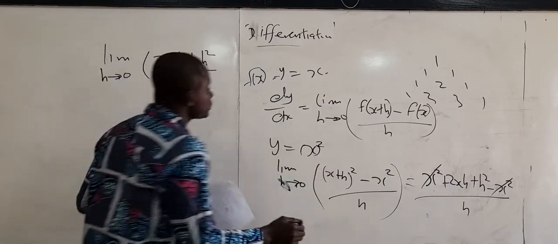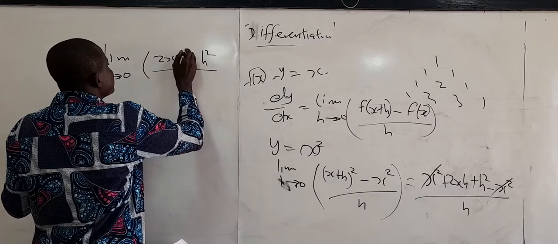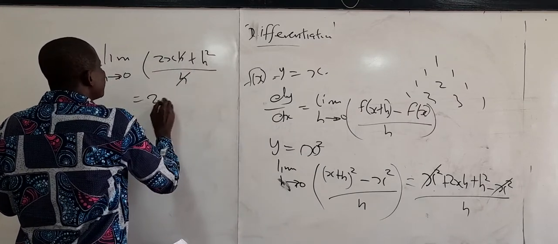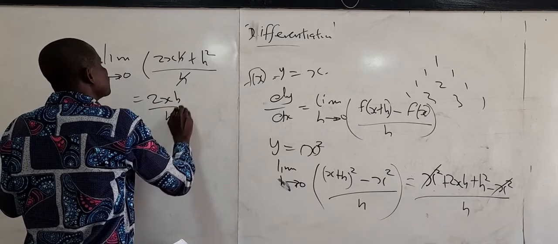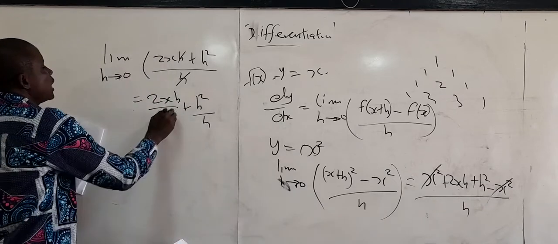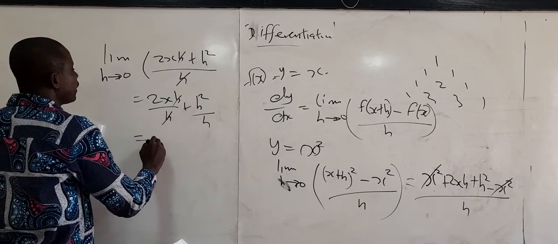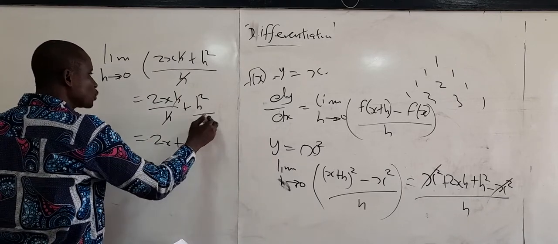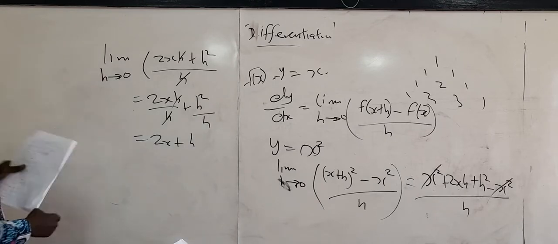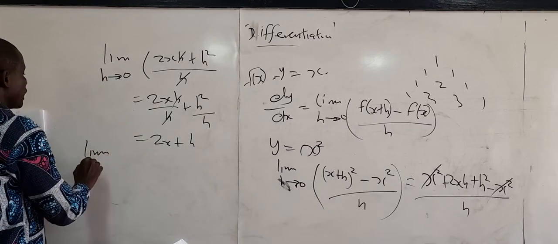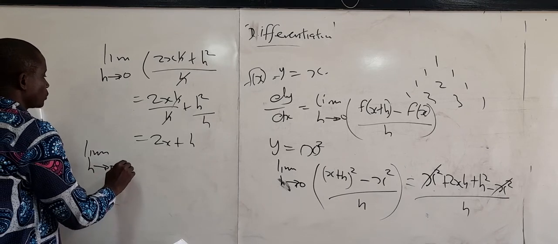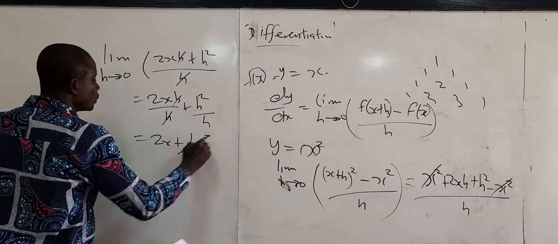Look here. The h cancels h here. I'm having 2xh over h plus h squared also over h, so h will cancel h here. We are left with 2x plus h. Then we say the limit as h approaches 0, h will approach 0.